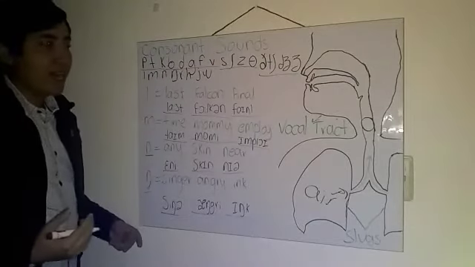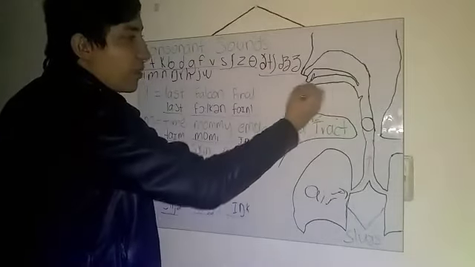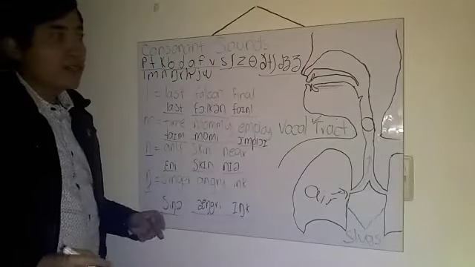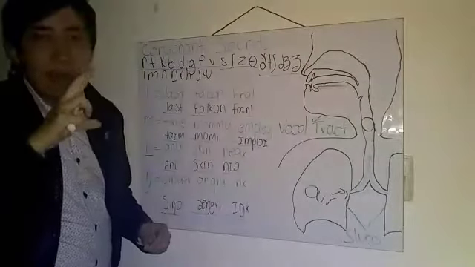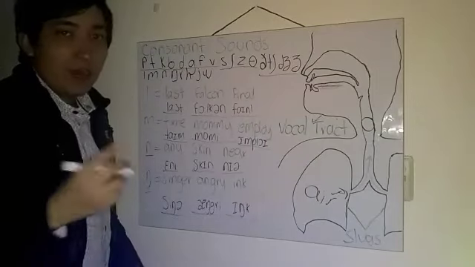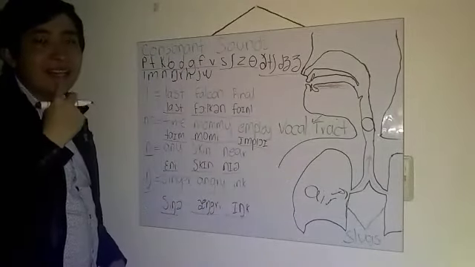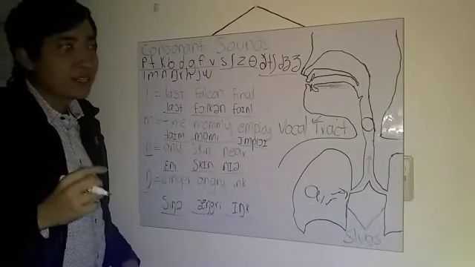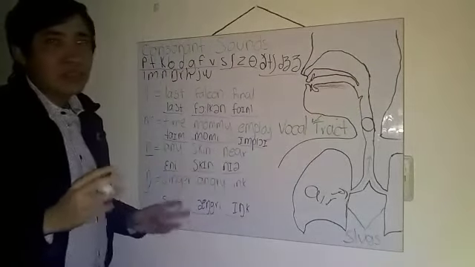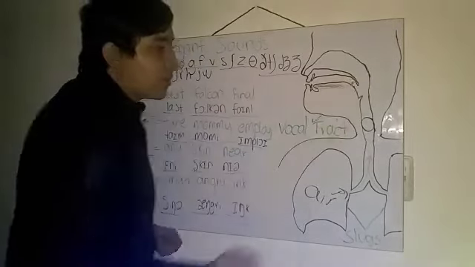The N, we normally produce it with a vibration on this sound, only with a vibration, and our lips open. For this ng, we are going to give the same vibration but we are going to touch slowly, a little touch to this sound.